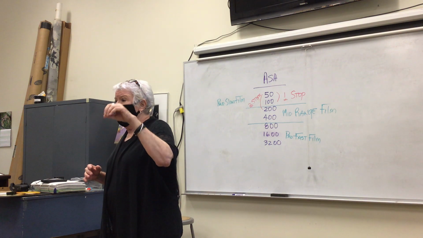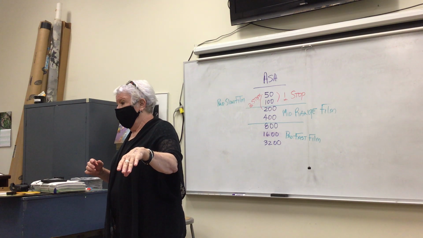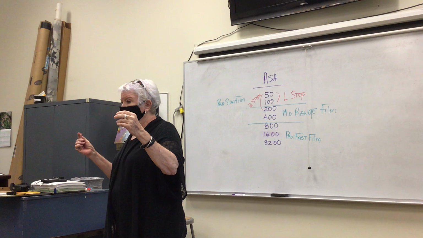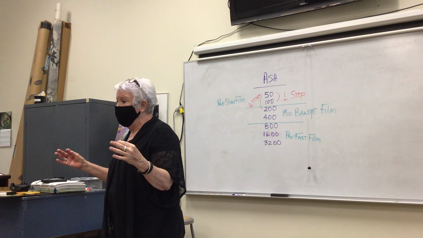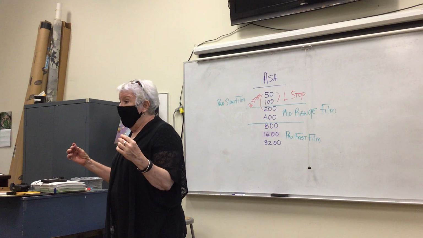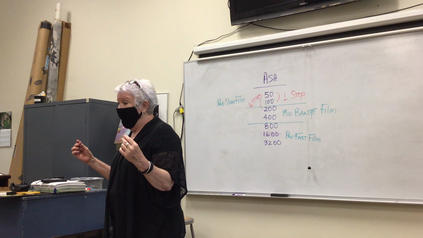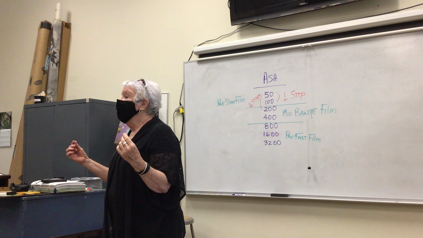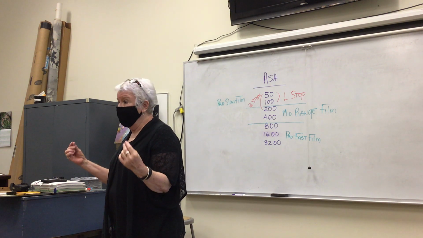So proper exposure means proper density, thickness of emulsion. If the emulsion is not properly exposed and doesn't receive enough light, it's said to be underexposed and the emulsion is thin. There's a thin recording. This is for negative film.